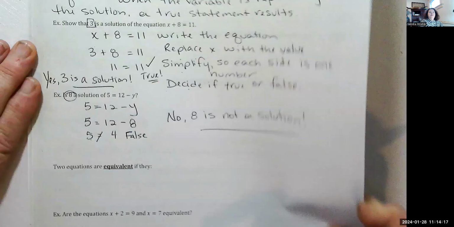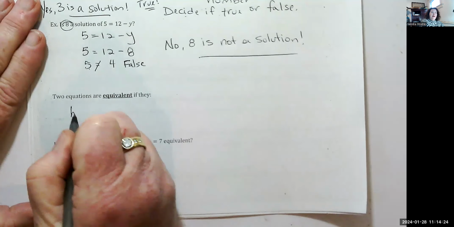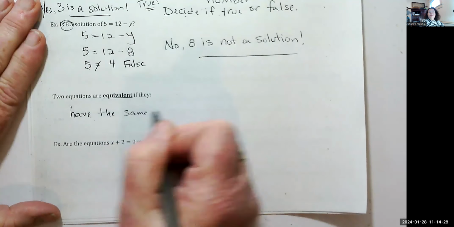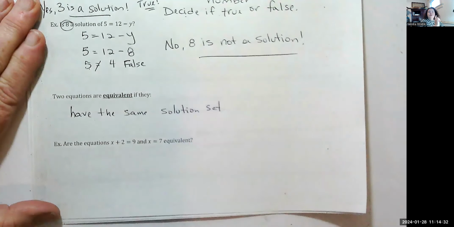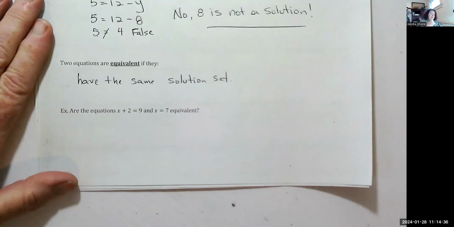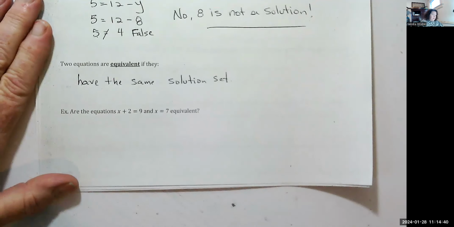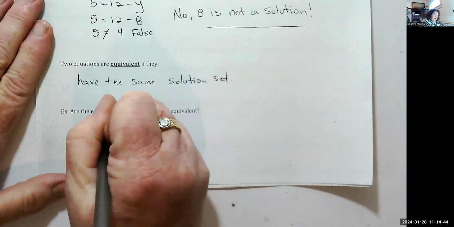All right. Two equations are equivalent if they have the same solution set. We'll discuss that. Are the equations x plus 2 equals 9 and x equals 7 equivalent? Well, I can go, okay, x plus 2 is equal to 9.